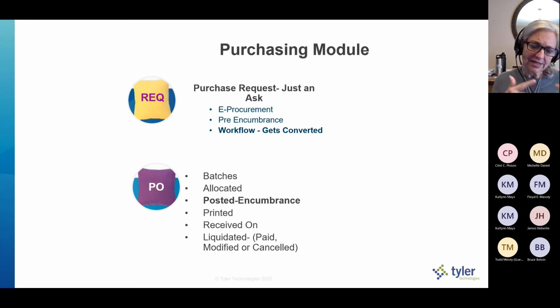Also, there's 2 types that you're going to be interacting with. One is a normal requisition, and one is what we call a blanket requisition. It is important for you to know that either one of them is going to have an encumbrance when they become a purchase order. Okay, both of them encumber the funds.